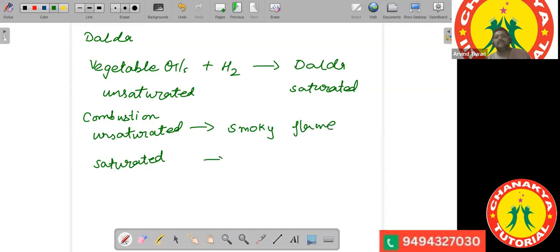Whereas saturated hydrocarbons give a clear or clean flame. So understood? Unsaturated hydrocarbons and saturated hydrocarbons.